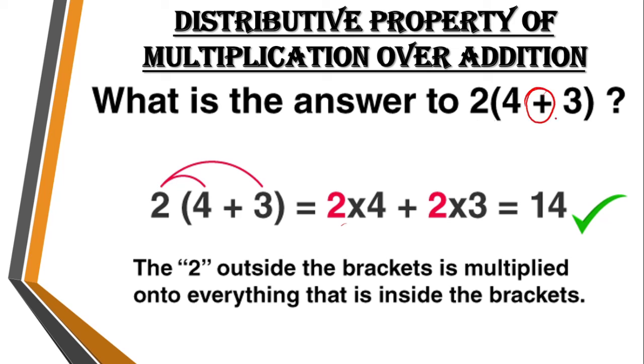Here if it was a subtraction sign, it would be distributive property of multiplication over subtraction. But here it is addition. It means that multiplication over addition is taking place in distributive property. So this was distributive property.